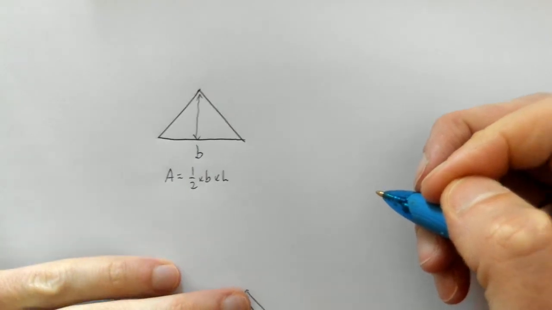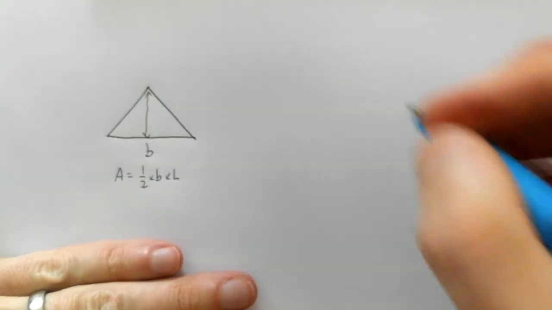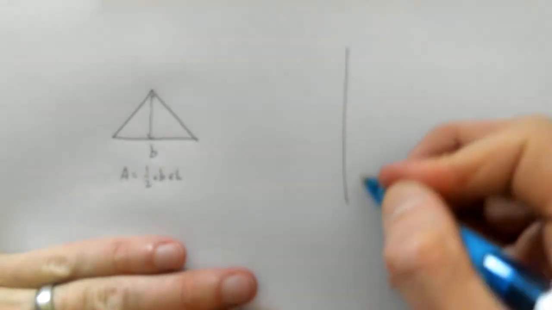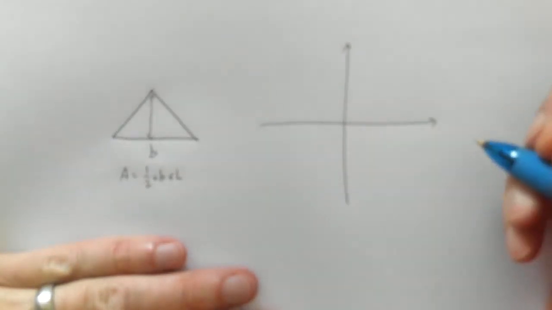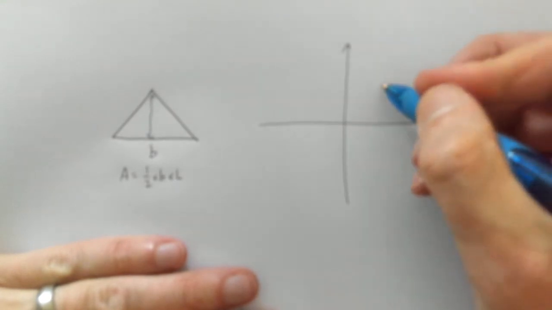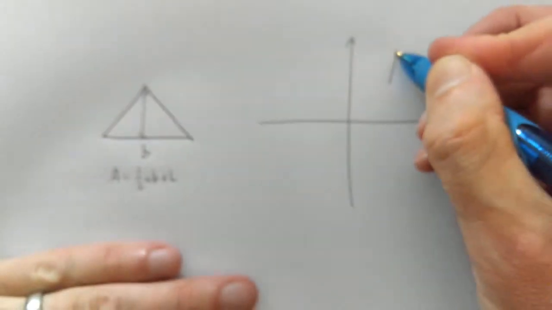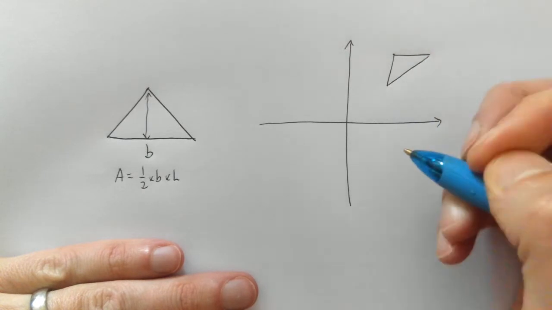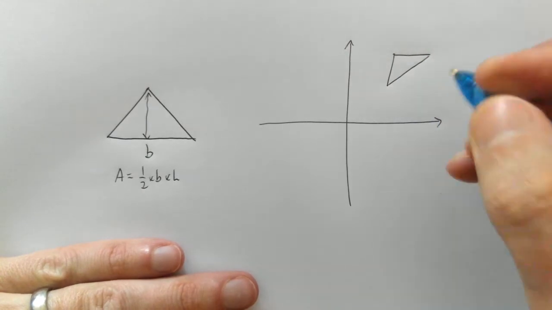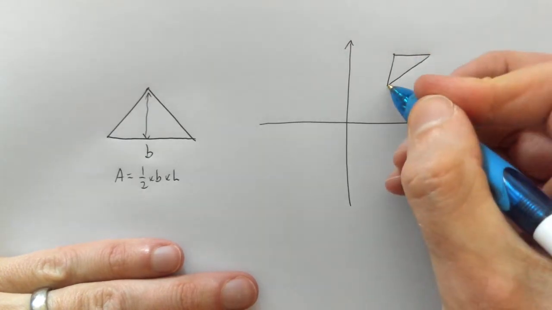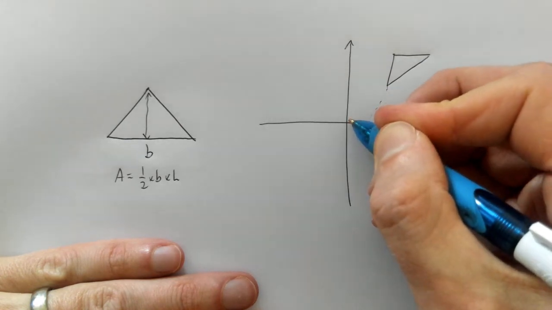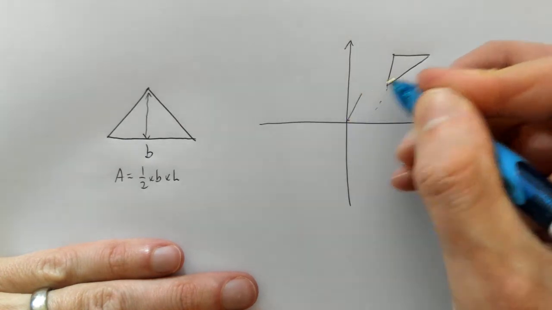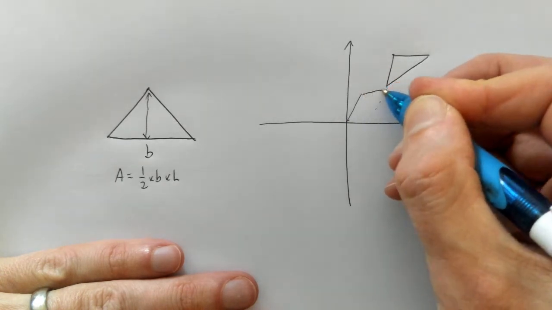We also looked at getting the area of the triangle in coordinate geometry. Do you remember if we had 3 points, let's say up here, we had to move one corner, normally the nearest corner, so this would go down here, and we just move the other two corners the same direction.